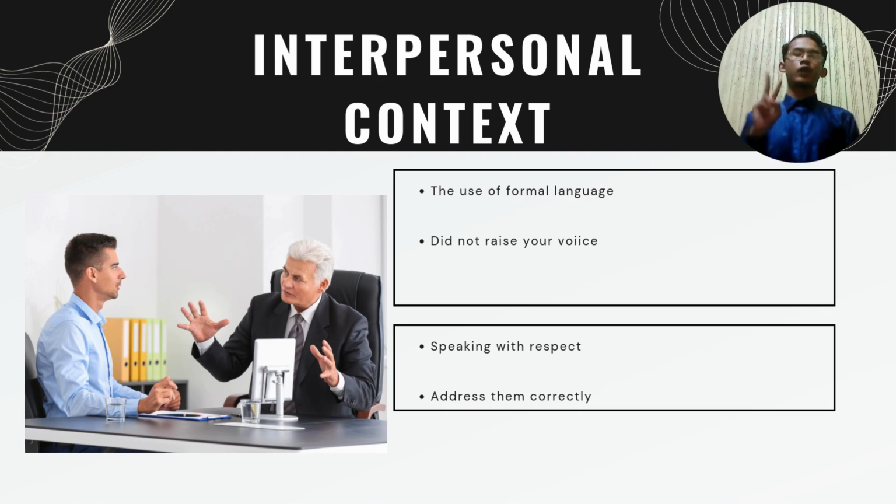And then there are two types of situations in the interpersonal context, which are formal situations and informal situations. Formal situations use formal language between individuals with unequal power, such as students and teacher. And informal situations use informal language between individuals that have equal power or status, such as between friends or family members.